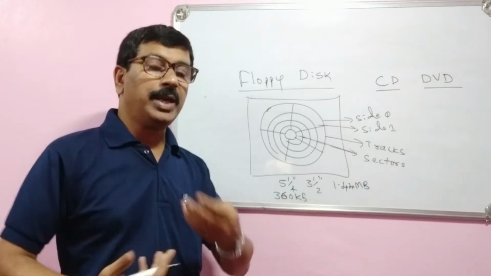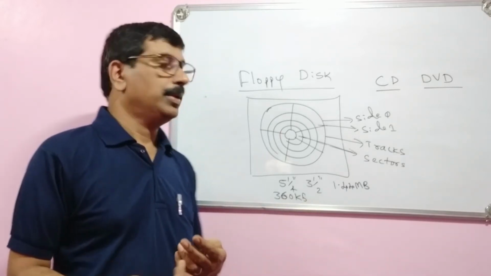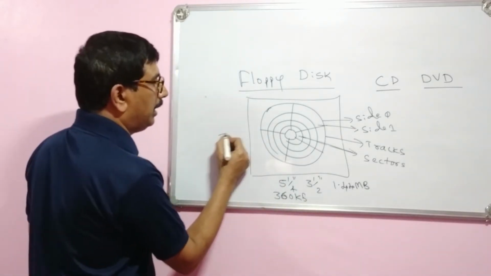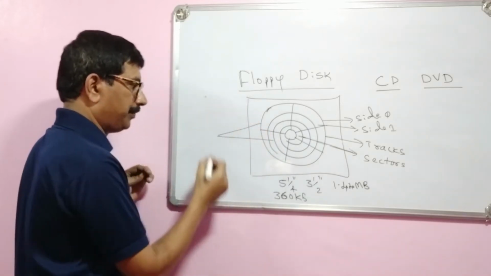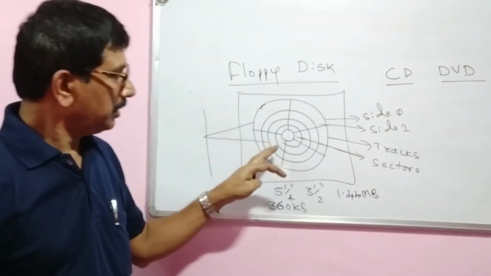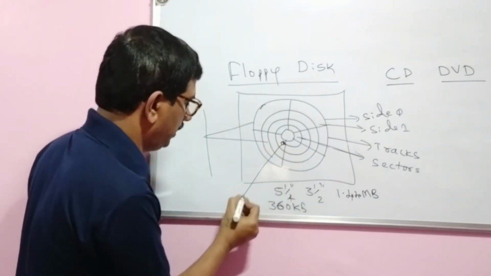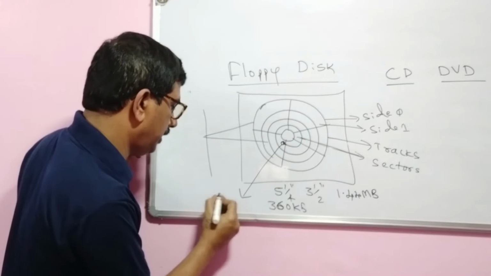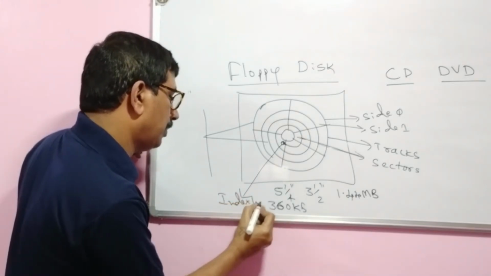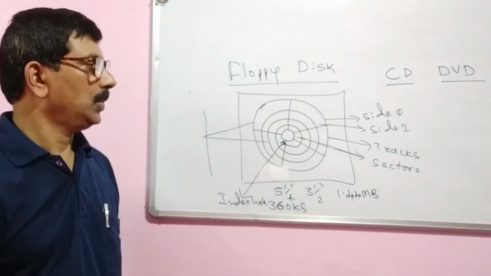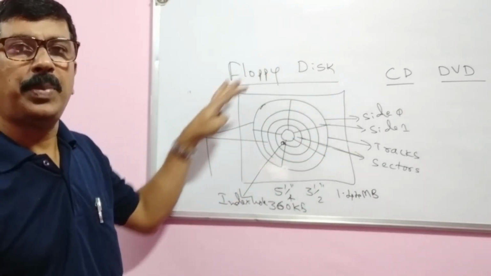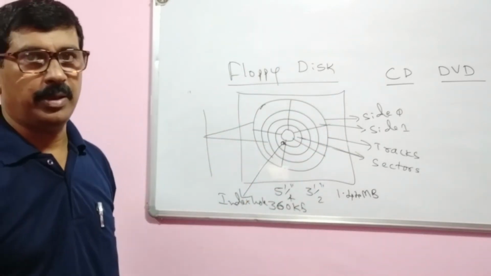That means to read the information from the floppy disk, there was a head to read both sides. The starting sector, where it started, was called the index hole. So these are the parts of a floppy.